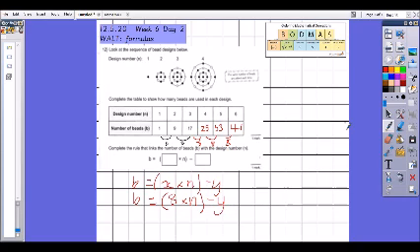Now to find the value of Y, what we can do is use one of our number of beads and design number from the sequence and put it into our formula to work out the value of Y. So I'm going to do that with the first one. We know that N is 1 and the number of beads is 1.